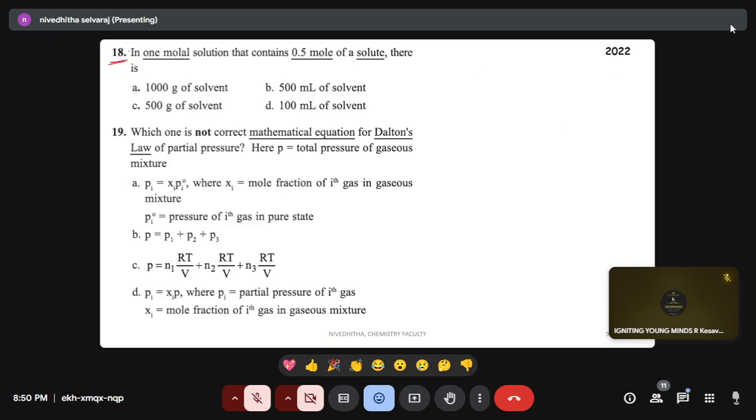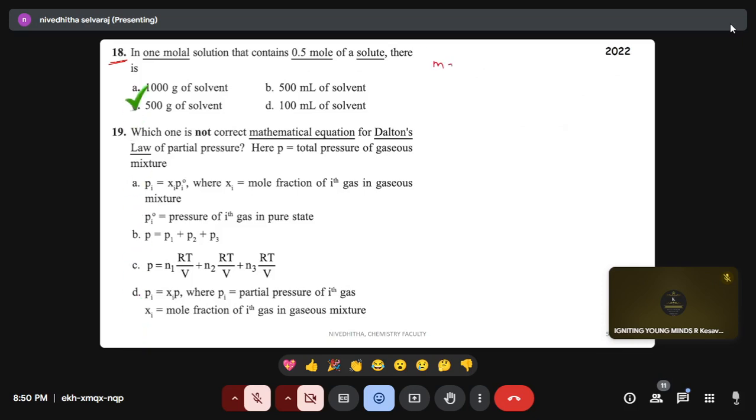In a 1 molal solution that contains 0.5 mole of a solute, there is a dash quantity of solvent. They have given the molality, they have given the number of moles of solute, and they are asking us to find the quantity of the solvent. 500 gram of solvent, ma'am. So what is the formula?